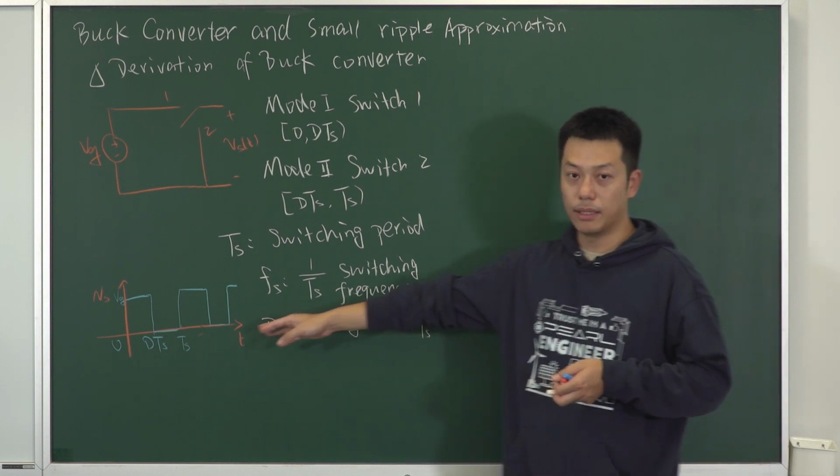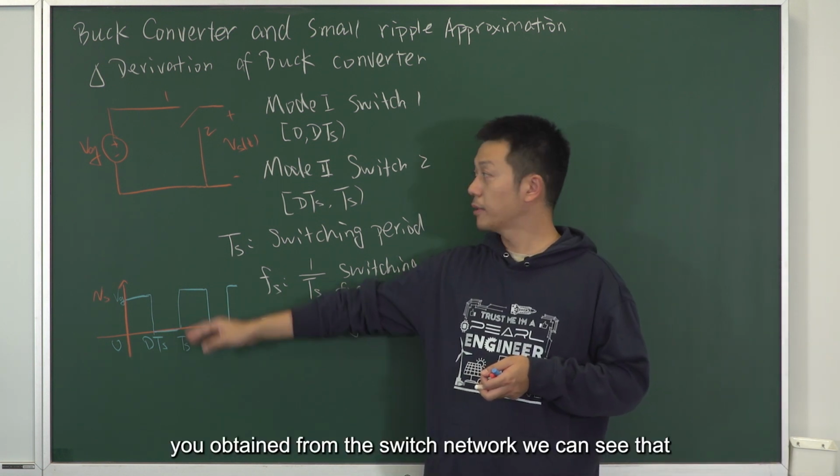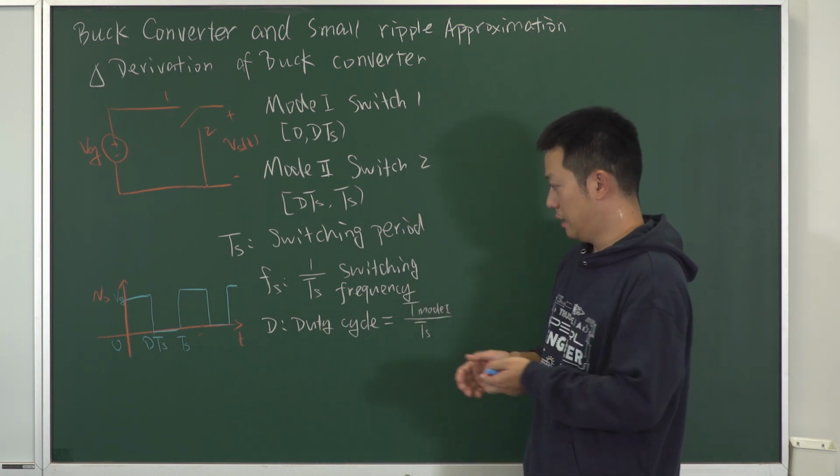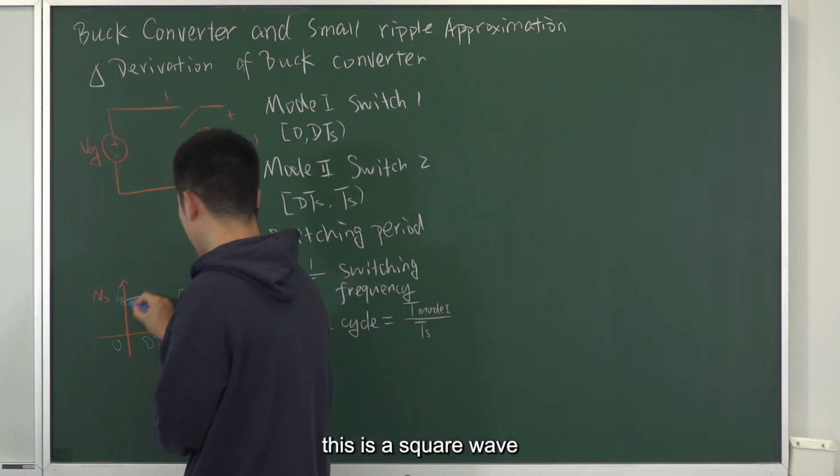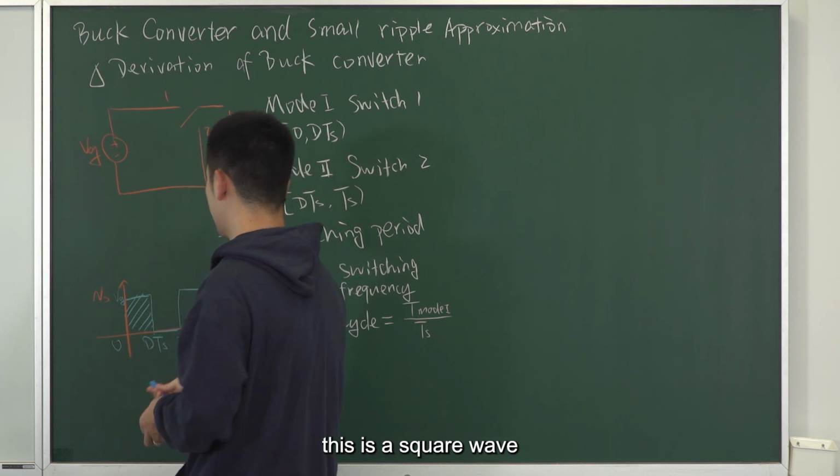Based on this waveform we obtained from the switching network, we can see that this is a square wave, right?